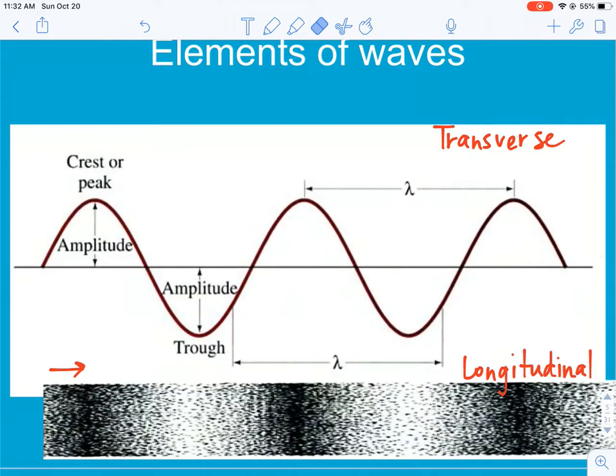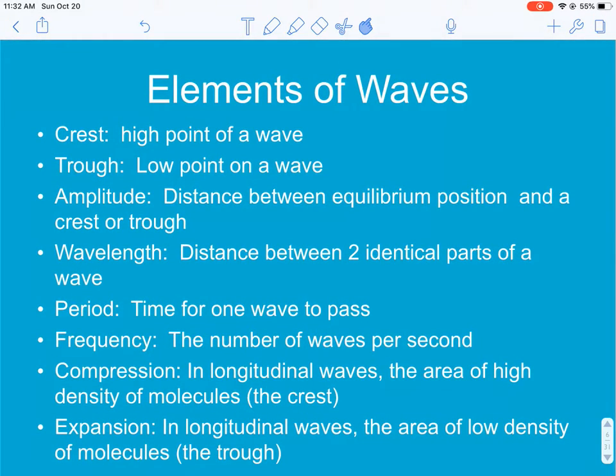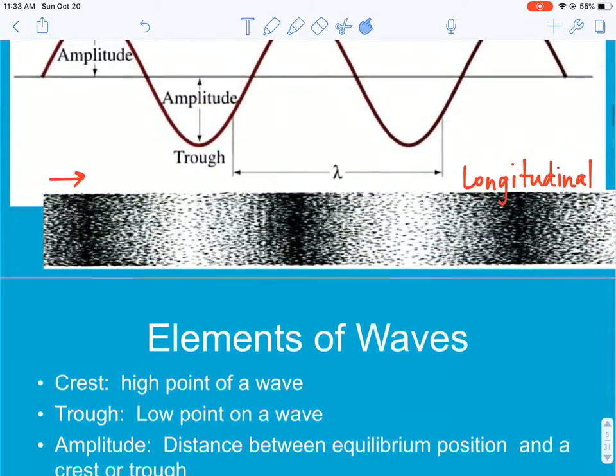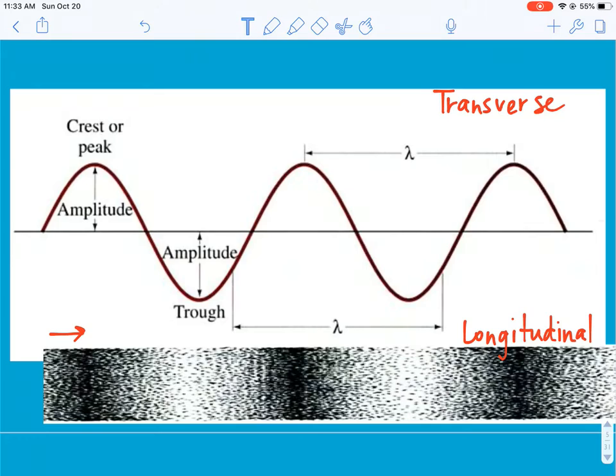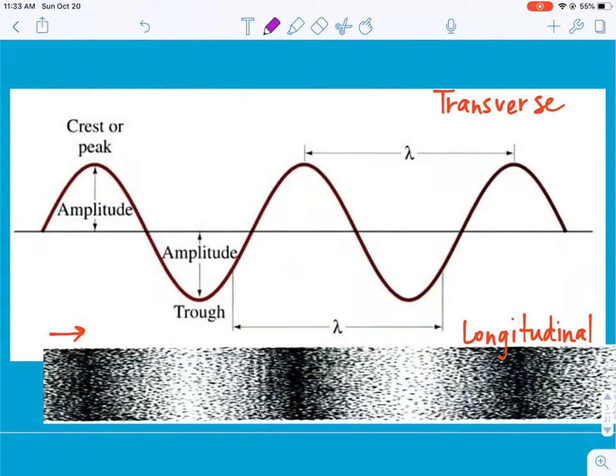You have the definitions of these different aspects on the next page. So take a second to pause the video and read through these definitions. I'm going to keep going and just talk about the main ones on our picture here. So really the most important is the wavelength of a wave.